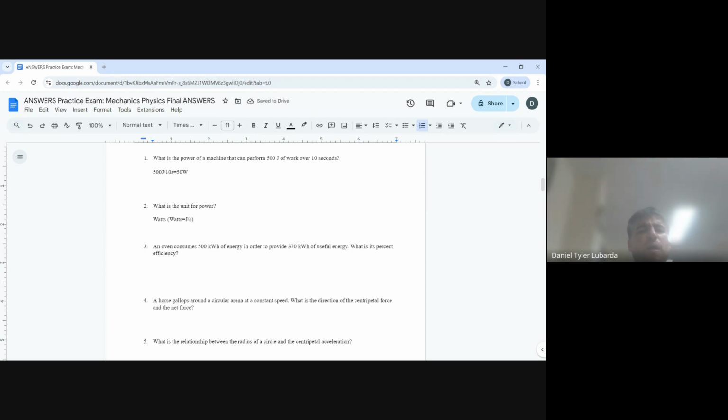Next, an oven consumes 500 kilowatt hours of energy in order to provide 370 kilowatt hours of useful energy. What is its percent efficiency? So, percent efficiency is just useful energy over total energy.